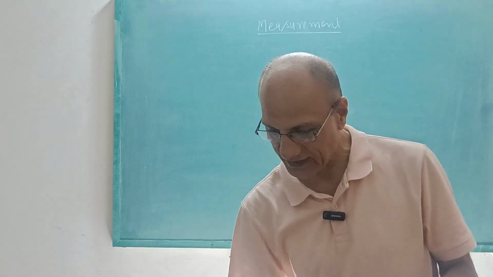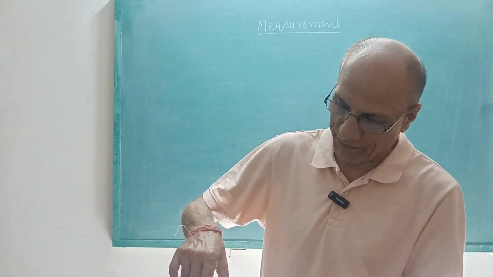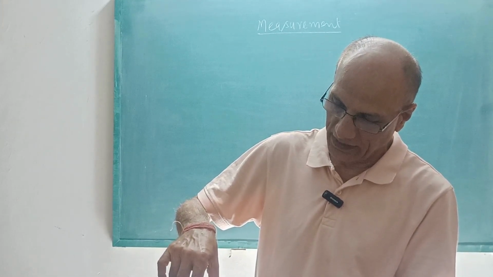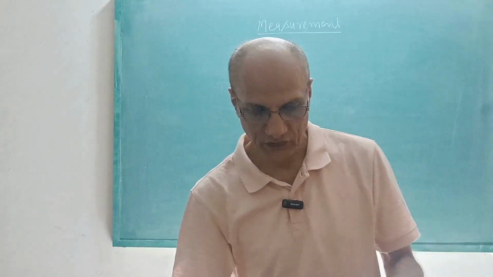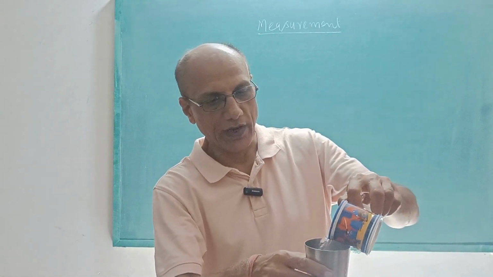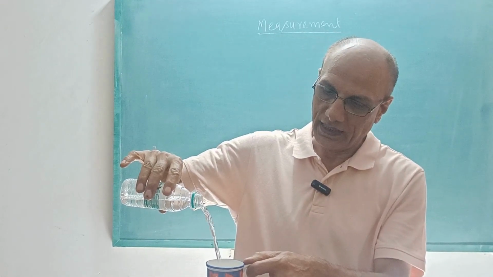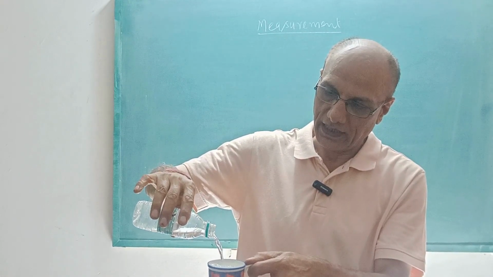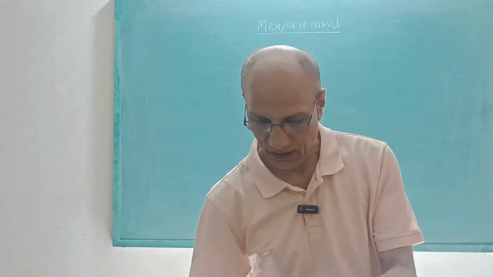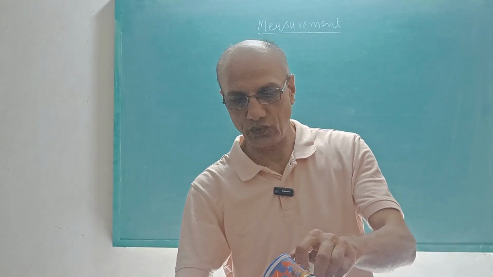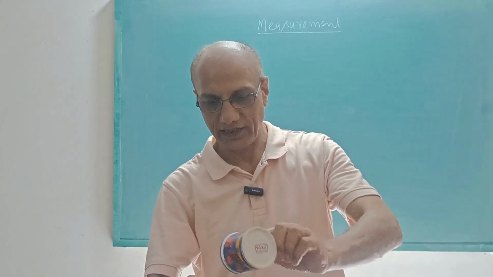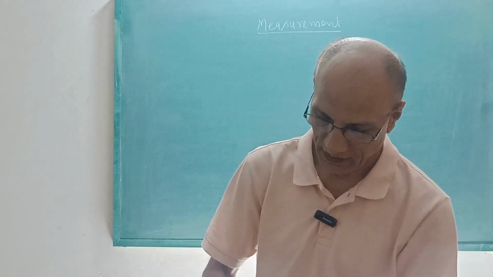So now we'll see how many cups are there in a glass. So here it is 1, then 2, and still this glass has some space.